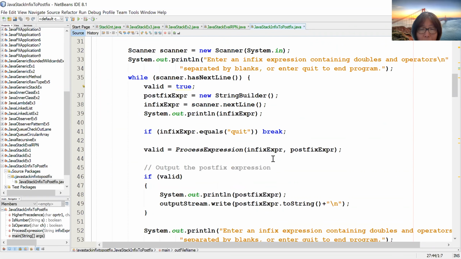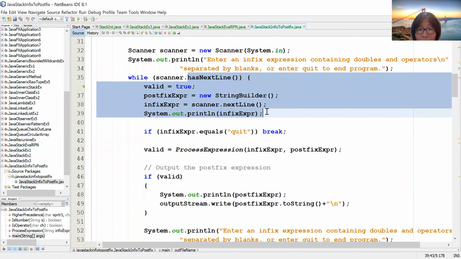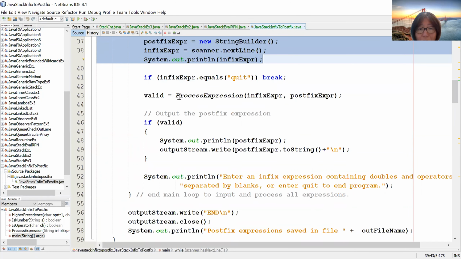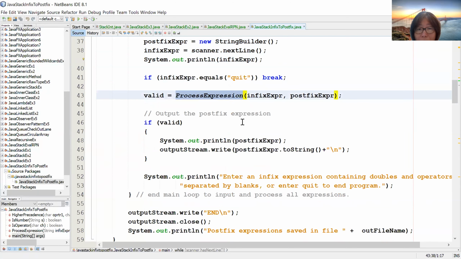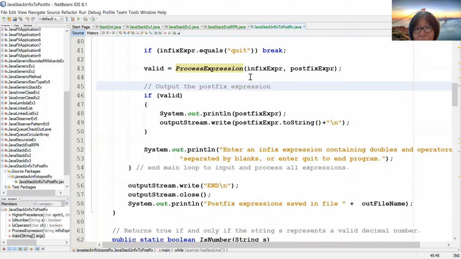So what we are going to do here is read a line of infix expression, and then we call the function process expression. Basically, what this one does is it converts the infix to a postfix expression.